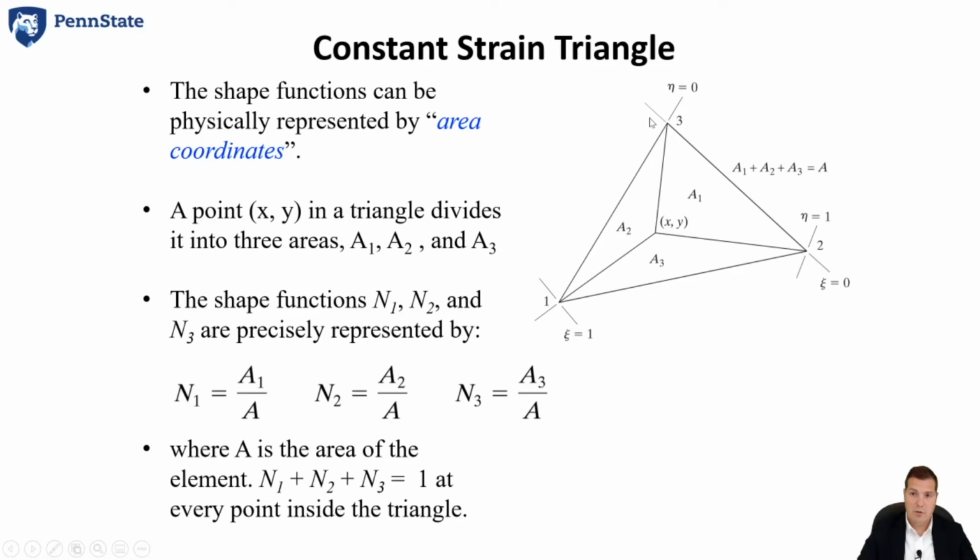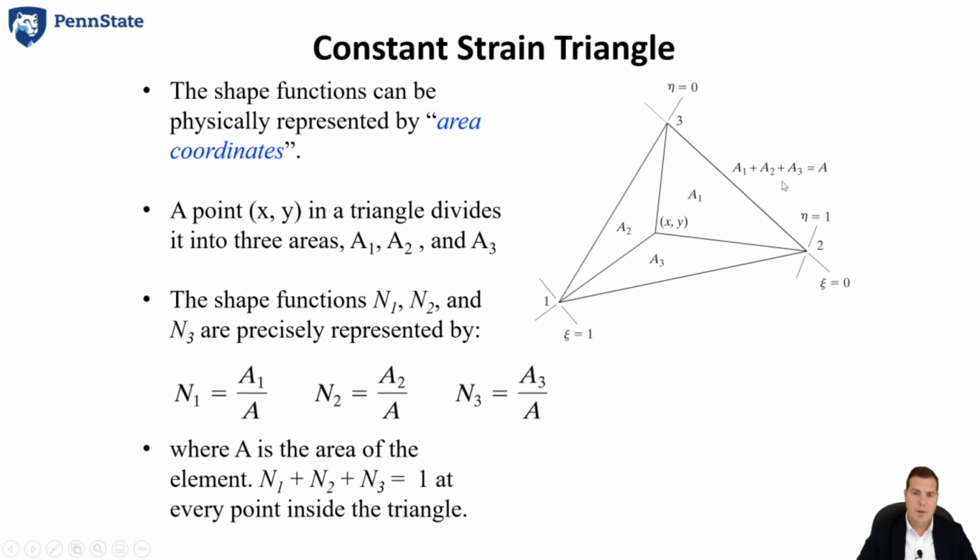If you connect the vertices to that point, you split the triangle into 3 different sections, subdividing that element, and you can define an area for each. Those areas, A1, A2, and A3, must add up to the full area of the triangle. So we have the equation A1 plus A2 plus A3 is equal to A.